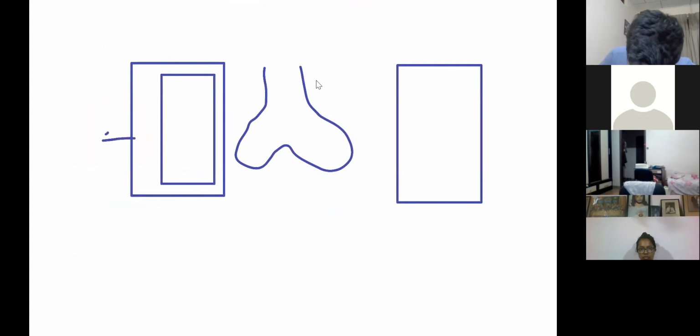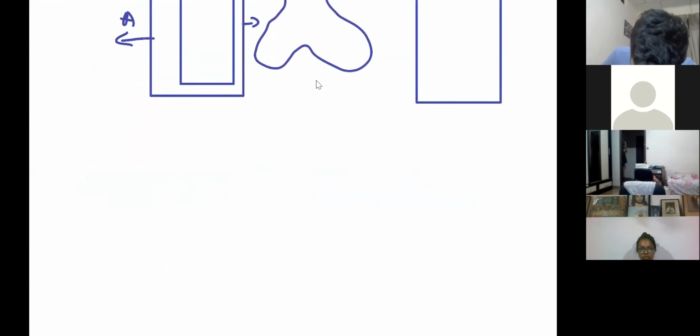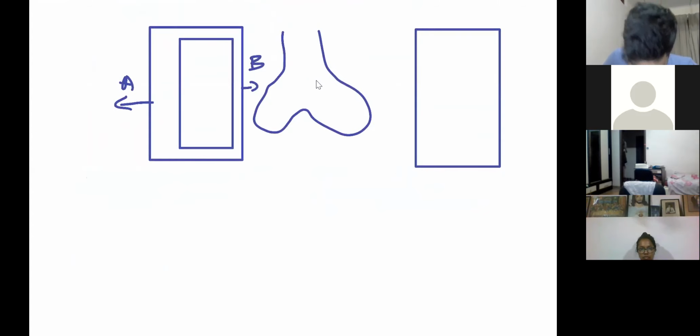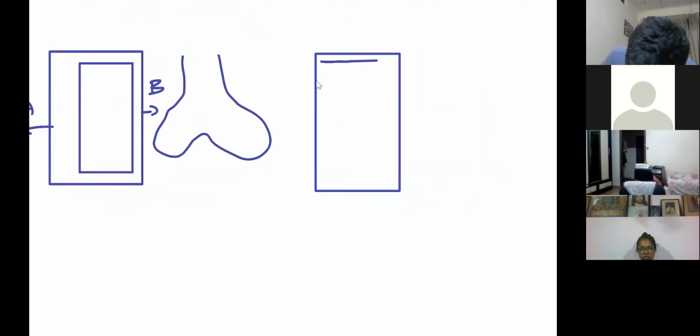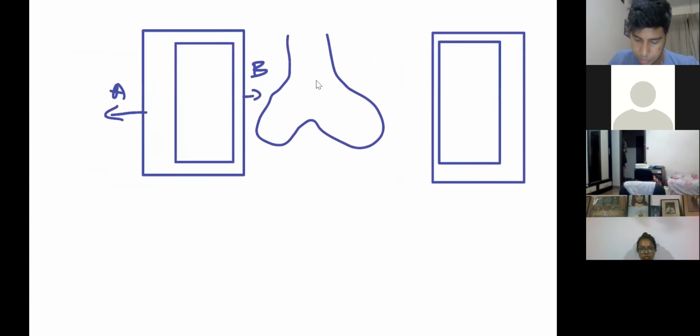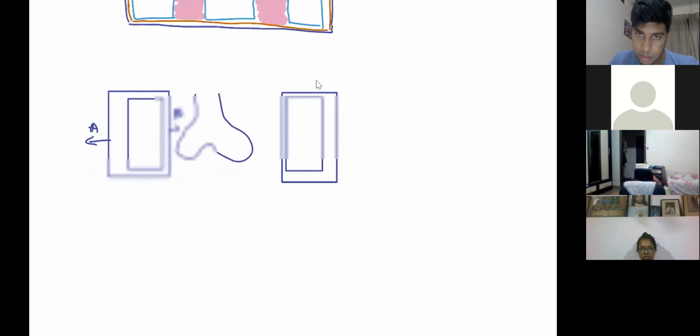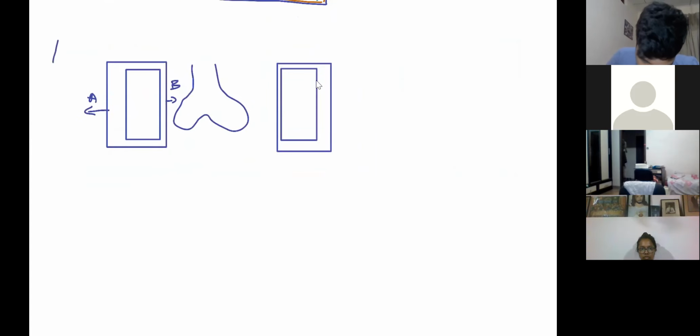Is A or B the lateral aspect? It is A, because the pituitary is in the middle. Here's the lateral aspect.